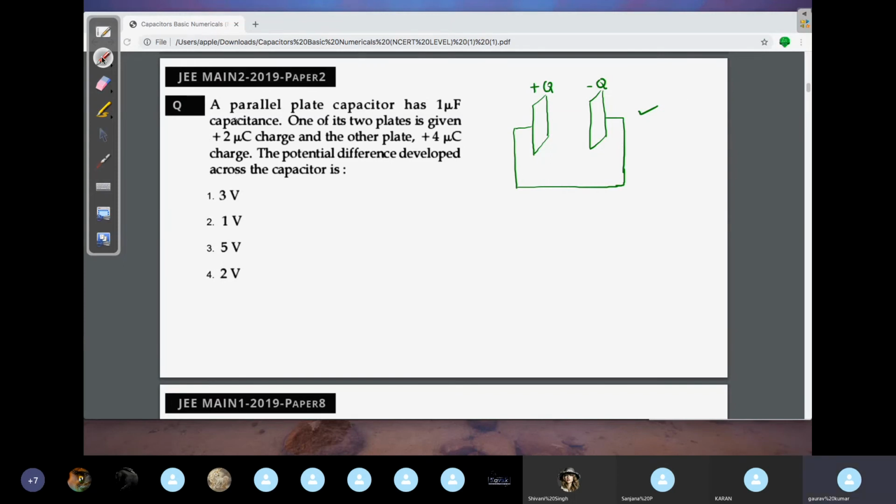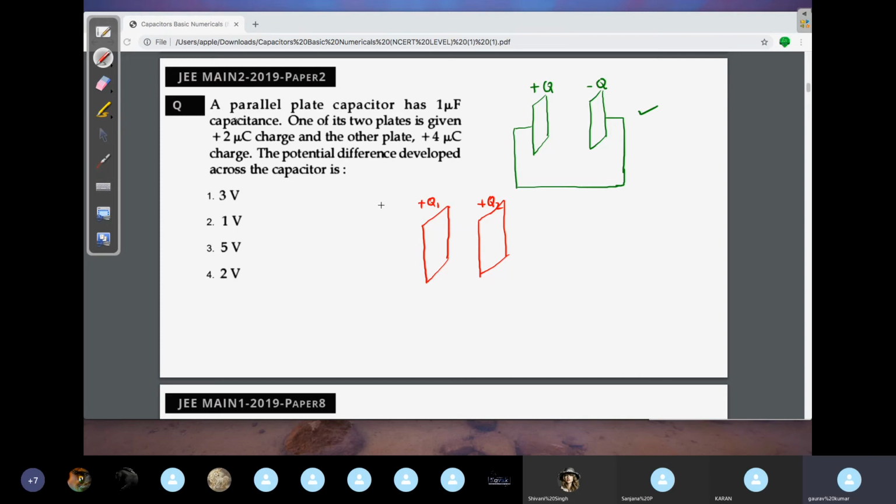If we have two isolated plates like this, now you are free to put any charge on the two plates. This is very much given in the NCERT textbook. Let's say here I place plus Q1, and on this I place plus Q2.